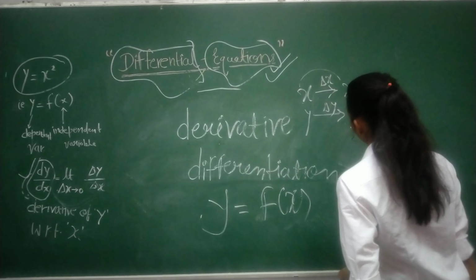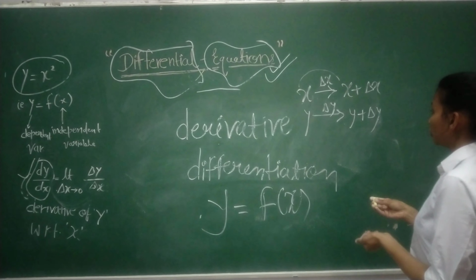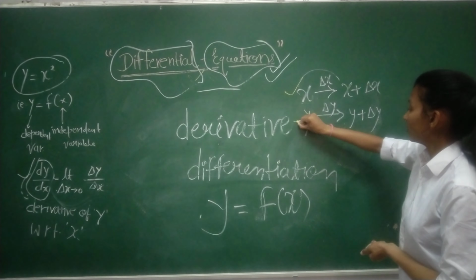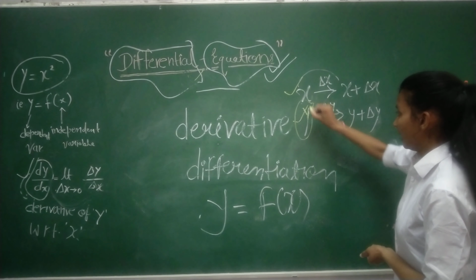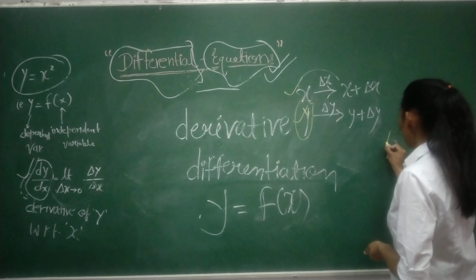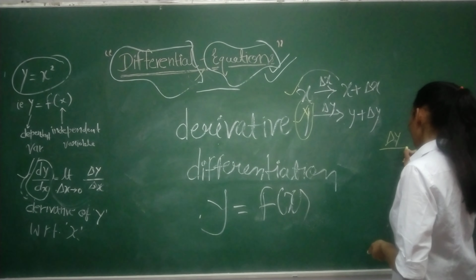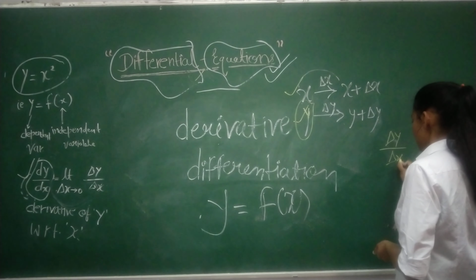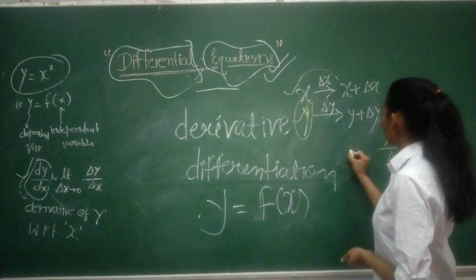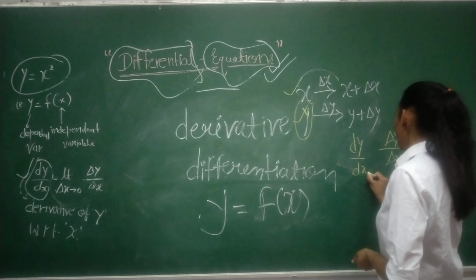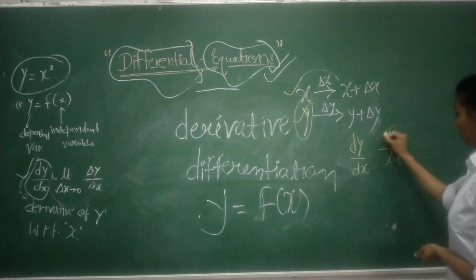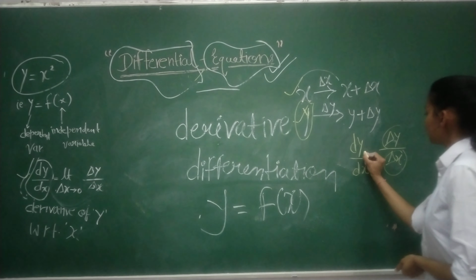So, if we want to know how much y is affected by x, that is, how much change in y occurs with respect to x, this is called the rate of change of y with respect to x.